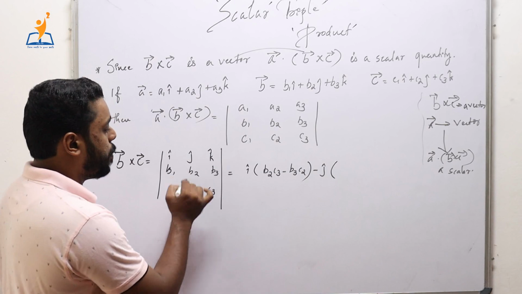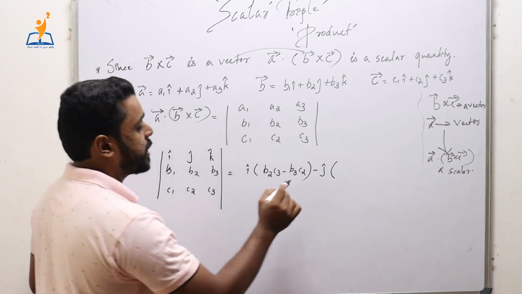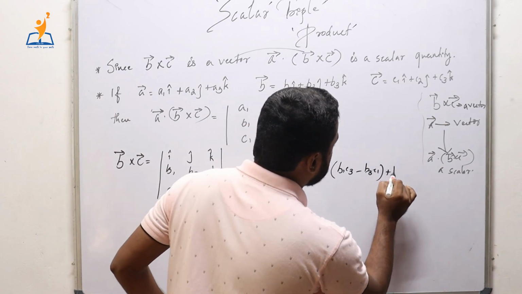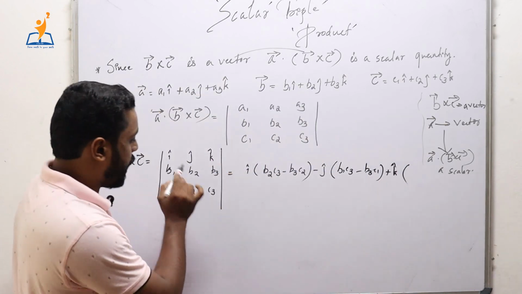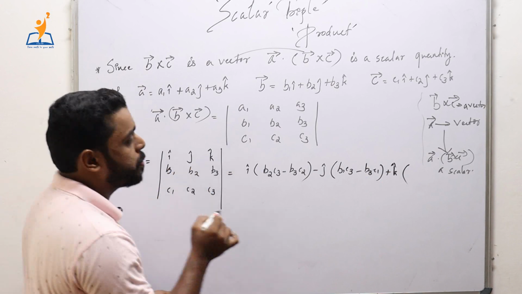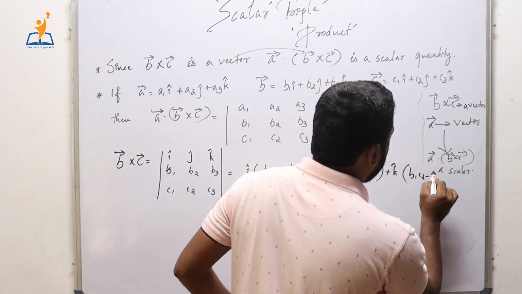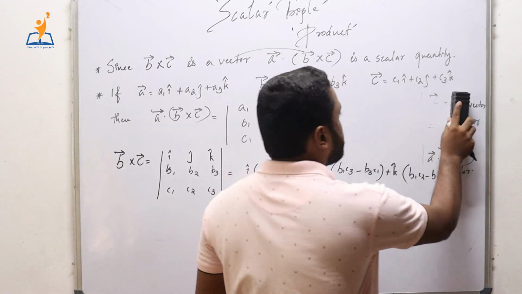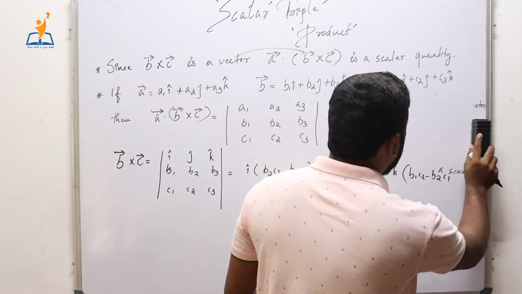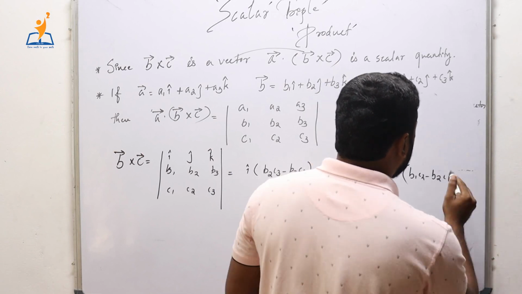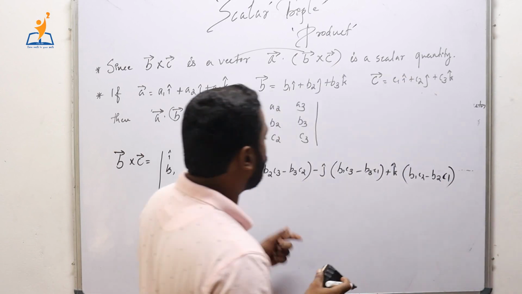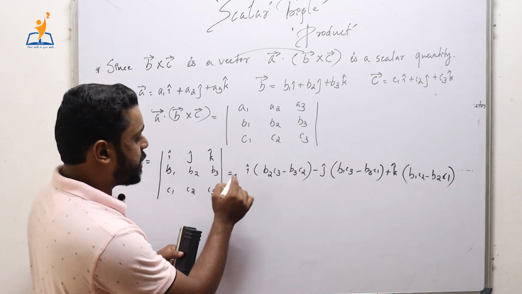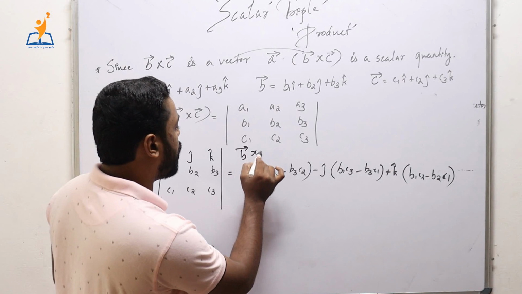Now minus j cap into (B1 C3 minus B3 C1) plus k cap into (B1 C2 minus B2 C1), right? Let us erase this. So the cross product of two vectors given in the component form is nothing but this, right? Now we know that this is nothing but B cross C.